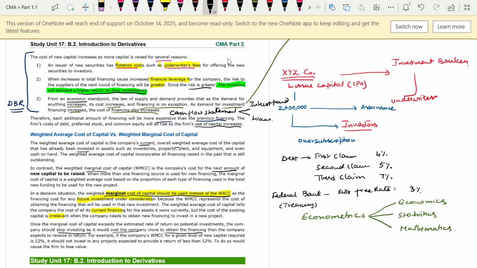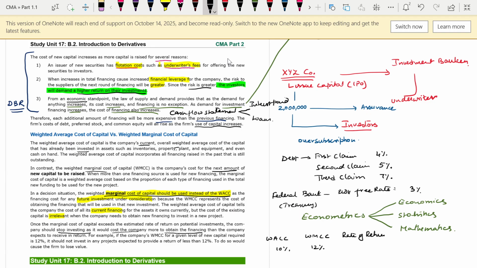Now you will compare the weighted average cost of capital and the weighted marginal cost of capital. The weighted average cost of capital is 10%. The weighted marginal cost of capital is 12%. Now you are talking in terms of rate of return, meaning how much you are expecting on a potential investment. The marginal cost of capital exceeds the estimated rate of return.